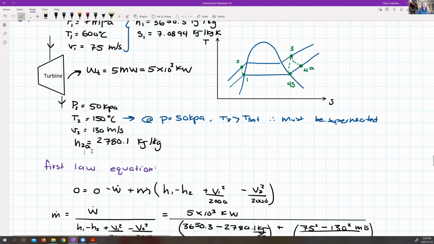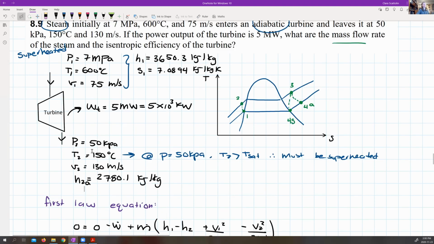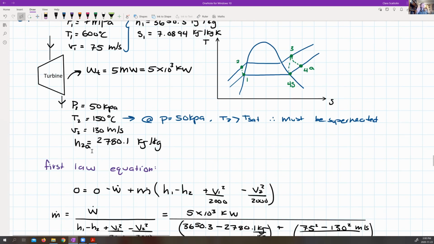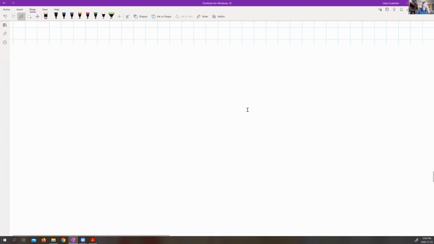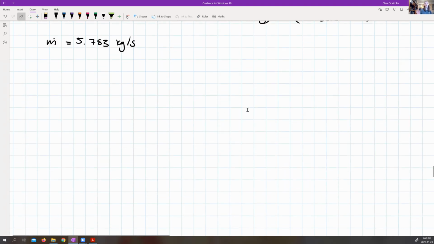But what I would like to know is, in an ideal turbine, in a perfectly isentropic turbine, which is not really possible, what is this 4S point? Where is that going to be? Okay, and that is what I'm going to need in order to find my isentropic efficiency. So now I'm going to assume a perfectly beautifully isentropic turbine.